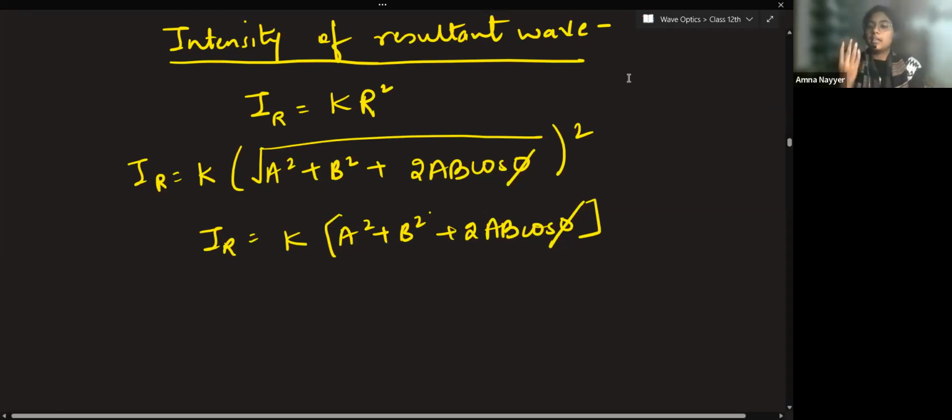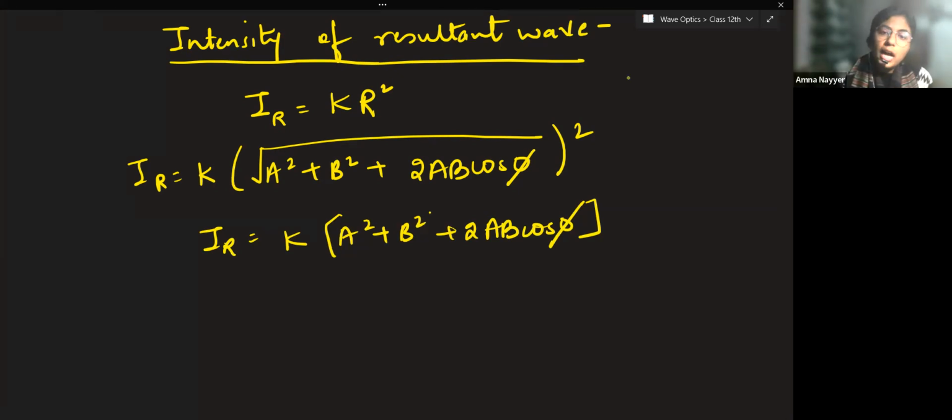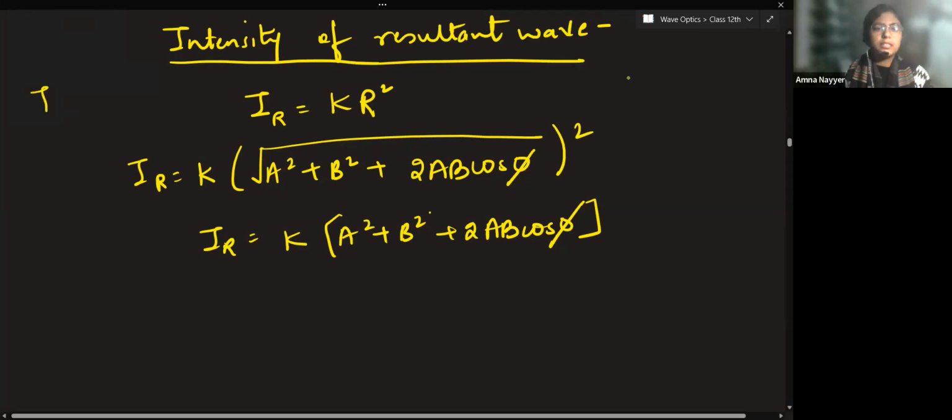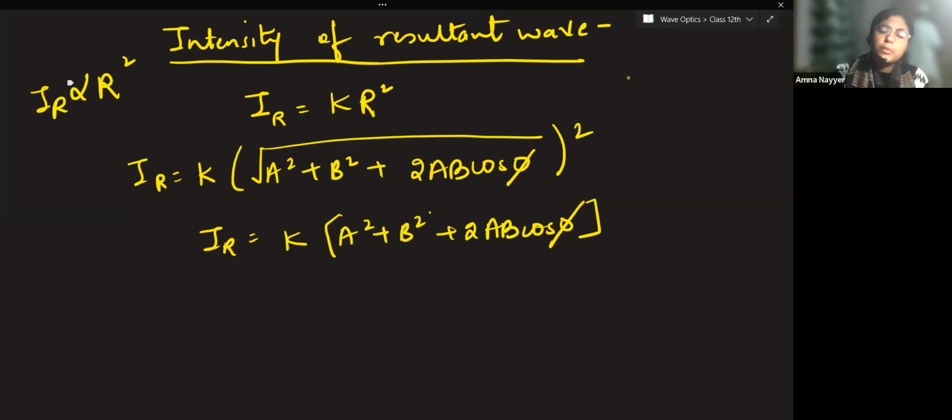So for amplitude also I have to take the resultant. So IR will be equal to K R square. IR, the resultant intensity, is directly proportional to the square of the resultant amplitude that you have.